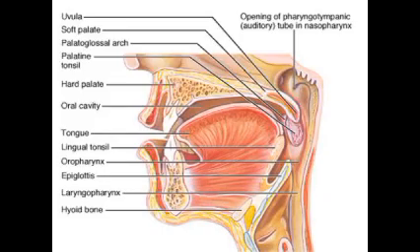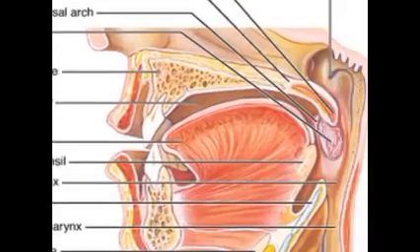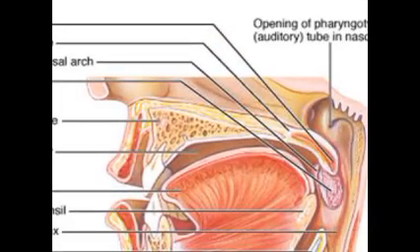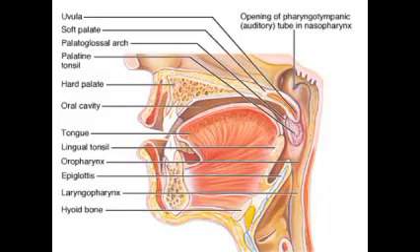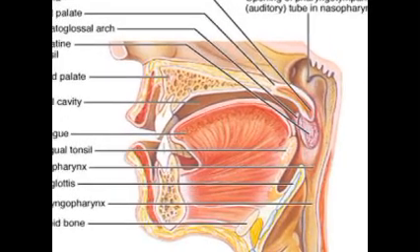This is the diagram. On the left side: uvula, soft palate, palatoglossal arch, palatine tonsil, hard palate, oral cavity, tongue, lingual tonsil, oropharynx, epiglottis, laryngopharynx, hyoid bone.